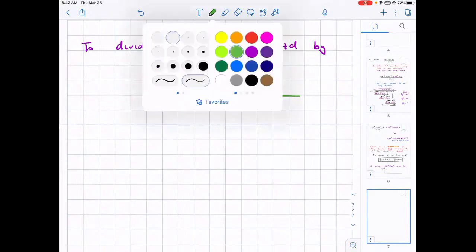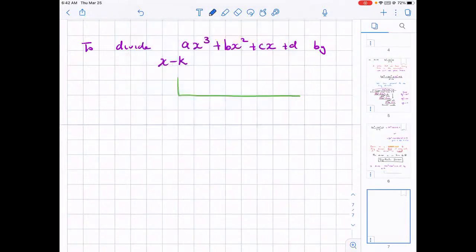On the outside of the box, k. Notice we don't use minus k, we just use the solution. If we have x minus k equal to 0, then x is equal to k. This is what we will use.